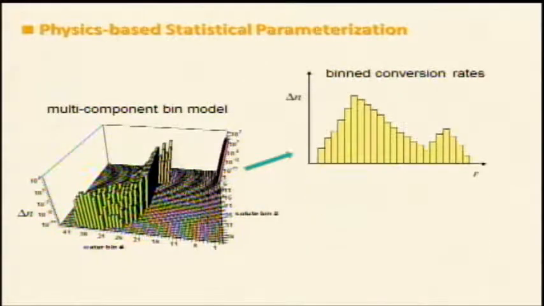Our initial effort originally comes from the bin model. It treats the aerosol-cloud interaction in great detail. So this is our bin model. This is the water component, and this is another component, the solute content, which we also use to describe the particles. So these are the non-activated interstitial aerosols.